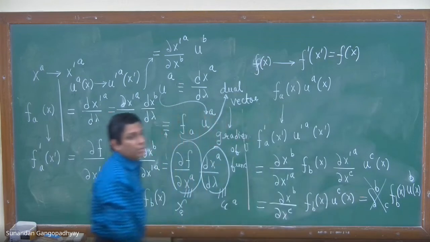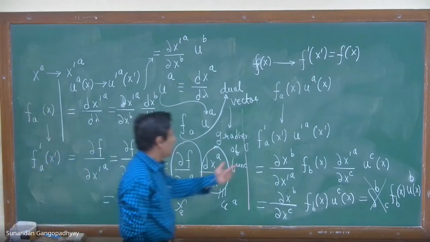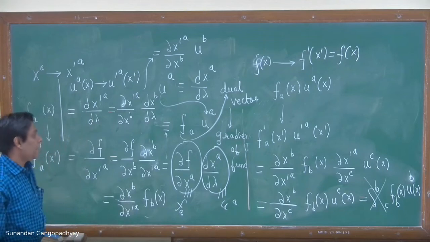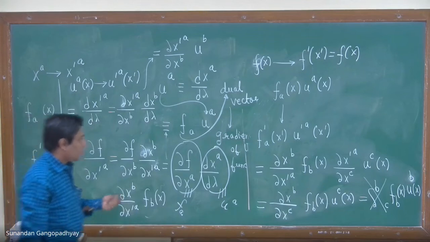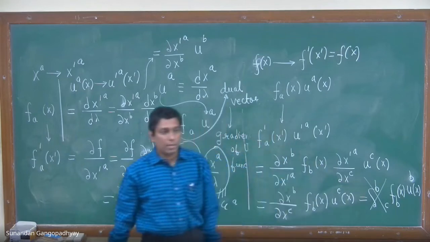This is the definition of a scalar. Anything which transforms like that is called a scalar. So you can see that the rate of change of the function with respect to the parameter lambda, by which the curve is parameterized, is also a scalar quantity.